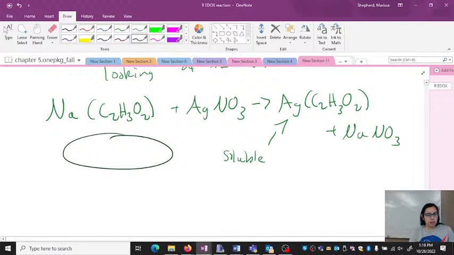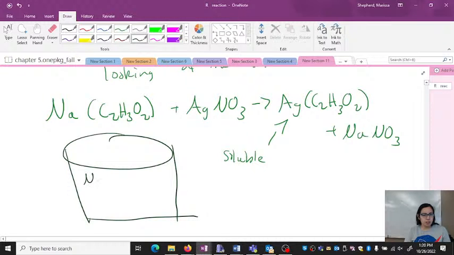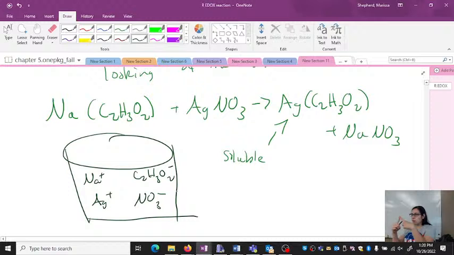What that would really look like is we have our beaker of solution with sodium ions floating around, acetate ions, silver ions, and nitrate ions floating around. They could meet with one another, but if there's no insolubility to drive it out to precipitate, then they're just going to meet and float away again.